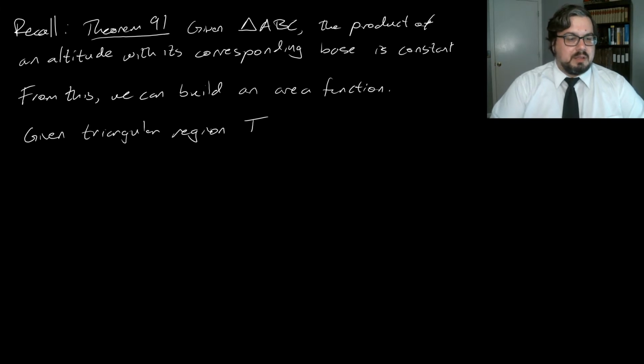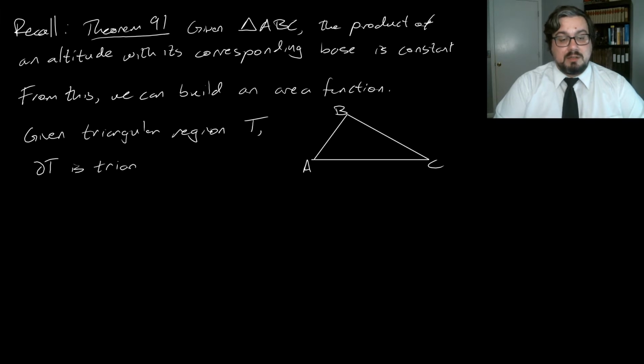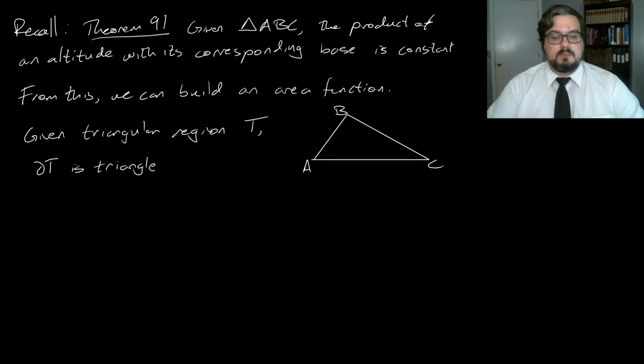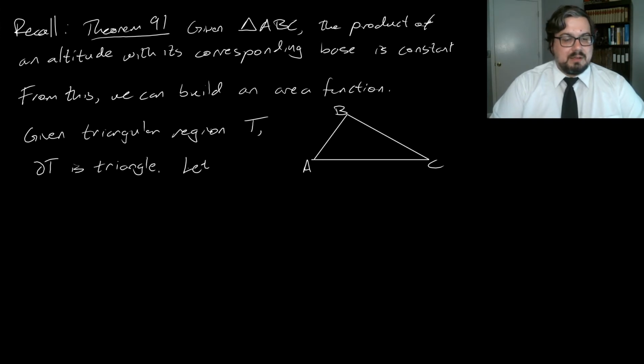T, let's sketch out what the situation is here. Given a triangular region T, we have that the boundary of T is, by definition, a triangle. And in this triangle, we can let the boundary of T be given as triangle ABC.